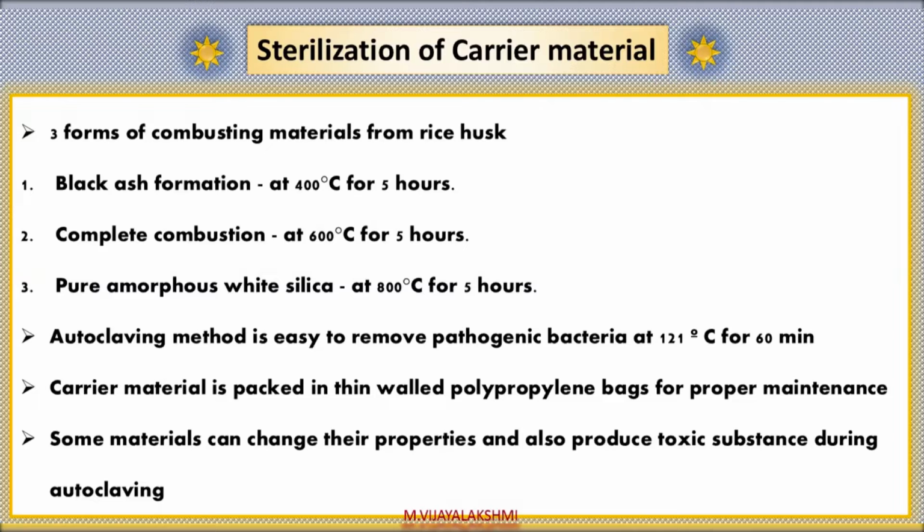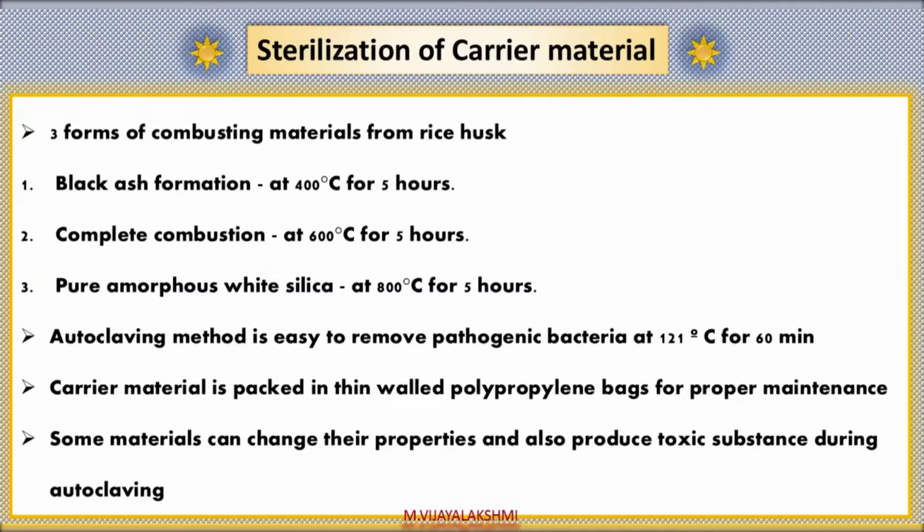First, to get a black ash, take dried rice husk and place it in an electrical furnace for 5 hours at 400 degrees Celsius. After that, we get a black color ash. For complete combustion, the ash is ground into powder and heated again at 600 degrees Celsius for 5 hours.